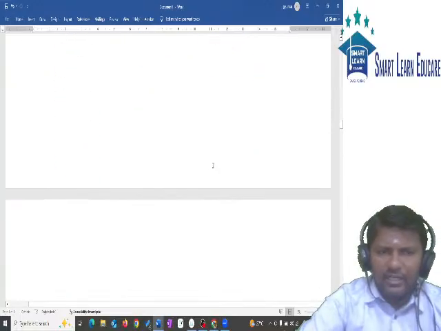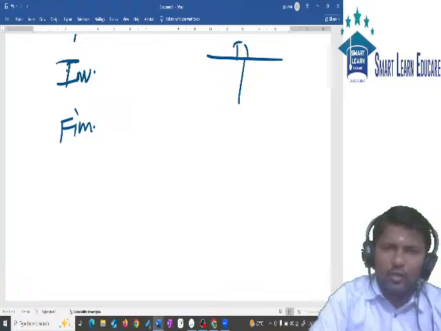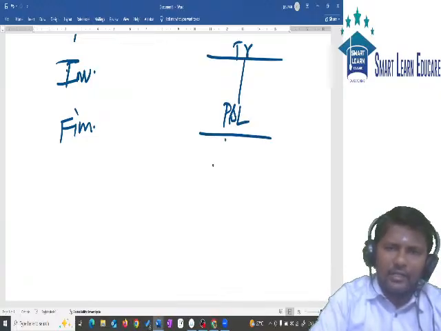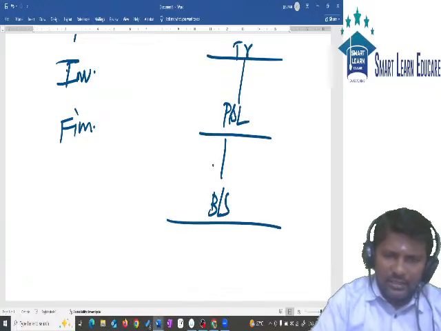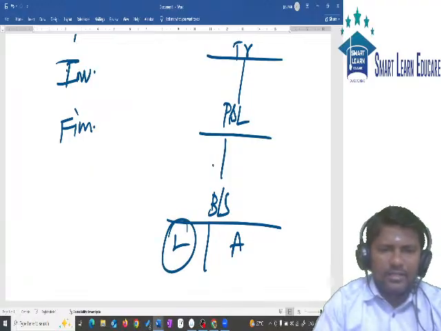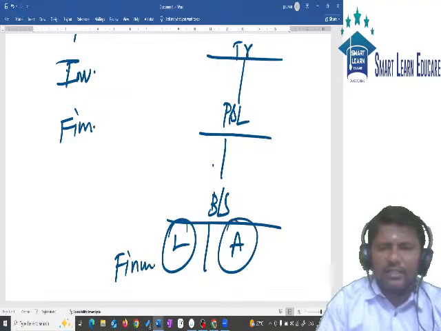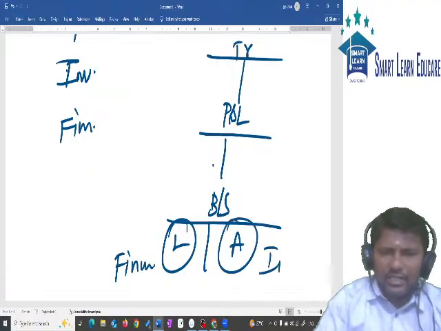Final accounts consist of trading account, P&L account and balance sheet. The balance sheet consists of two things, liabilities and assets. Liability related things come under financing activity. Asset related things come under investing activity.